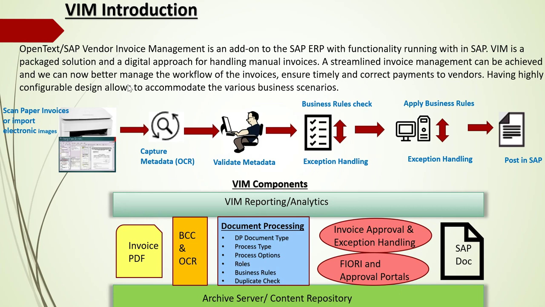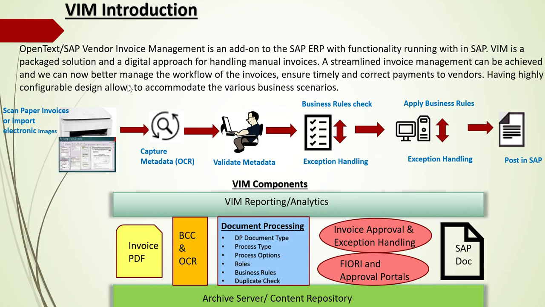Once the PO is created, the IR will be received. Here we have one more control: when that invoice is received, it triggers the workflow. We have 20 levels of workflow approvals maintained in VIM, as part of the tolerance limit, and that approval hierarchy works.